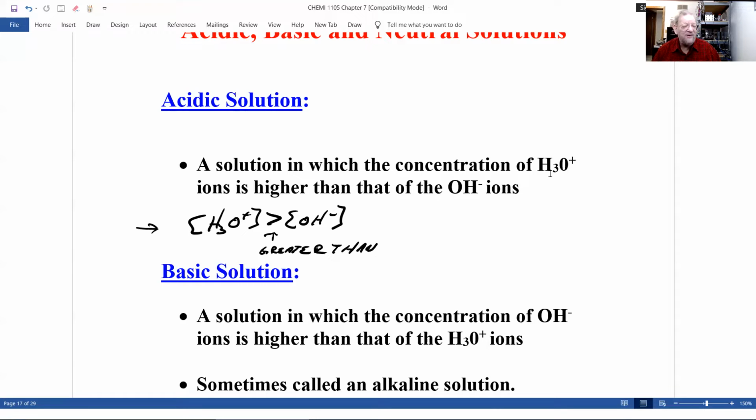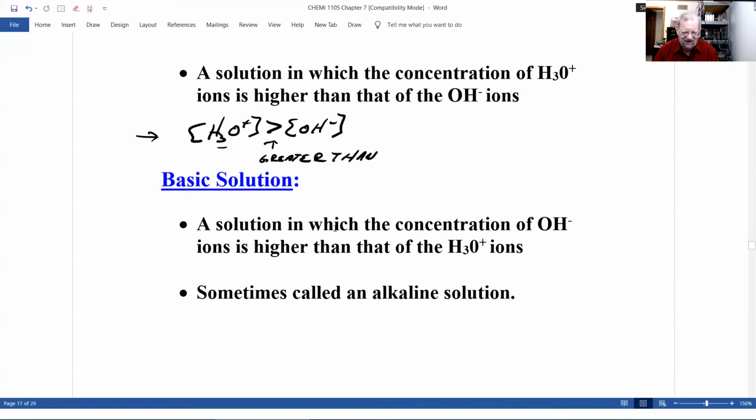And right now in your stomach, the liquid in your stomach is acidic, and therefore the hydronium ion concentration is greater than the hydroxide. Now it's acidic because that helps break down your food, but the chemical reason for this class is this: hydronium greater than hydroxide.